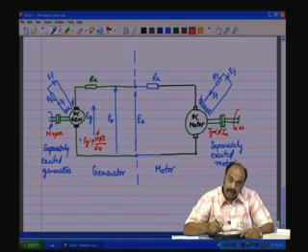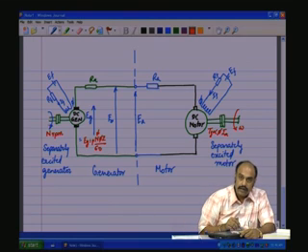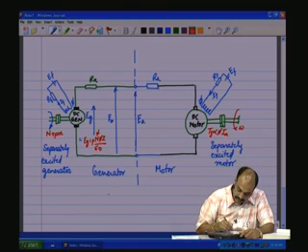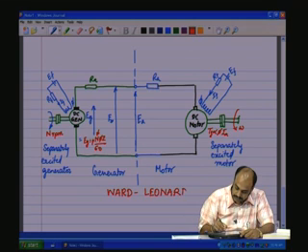So, the speed of the mechanical shaft on the motor side is controlled by controlling the speed of the mechanical shaft of the generator. This type of speed control system is called the Ward-Leonard system.